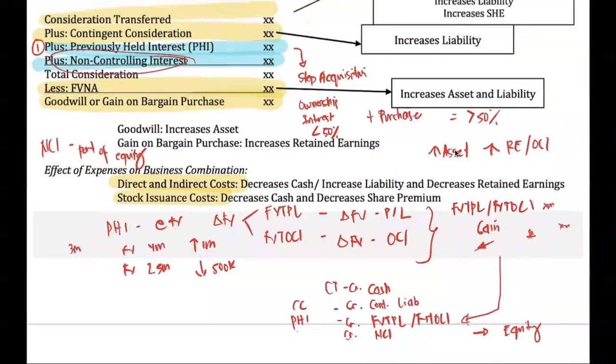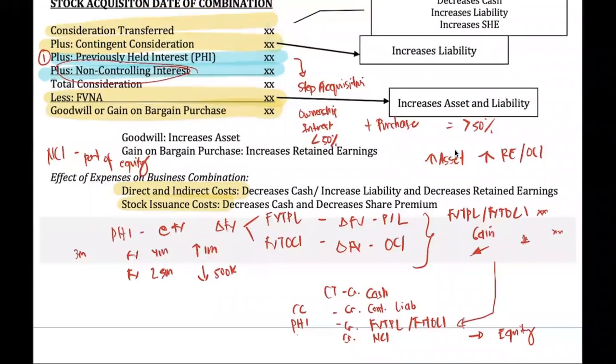We have your consideration transferred. To make an entry, you credit cash, you credit your SHE, or you credit a liability, depending on your consideration. Also, for contingent consideration, to make an entry, you credit contingent liability.